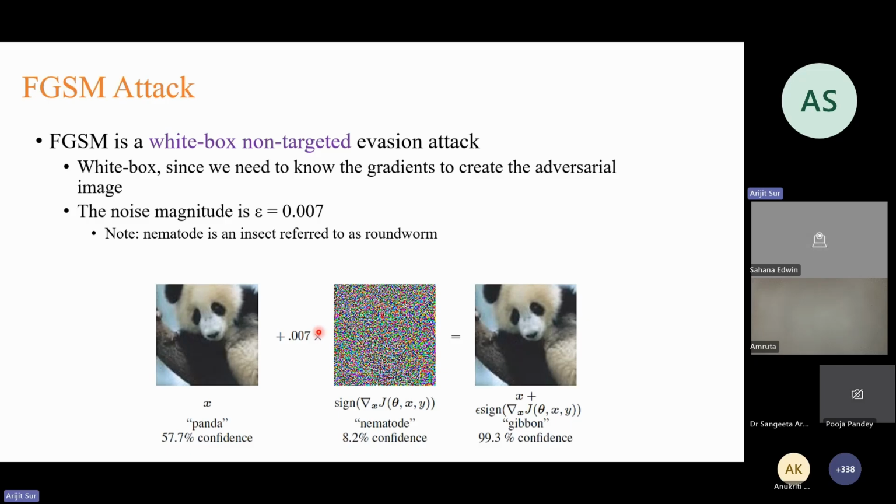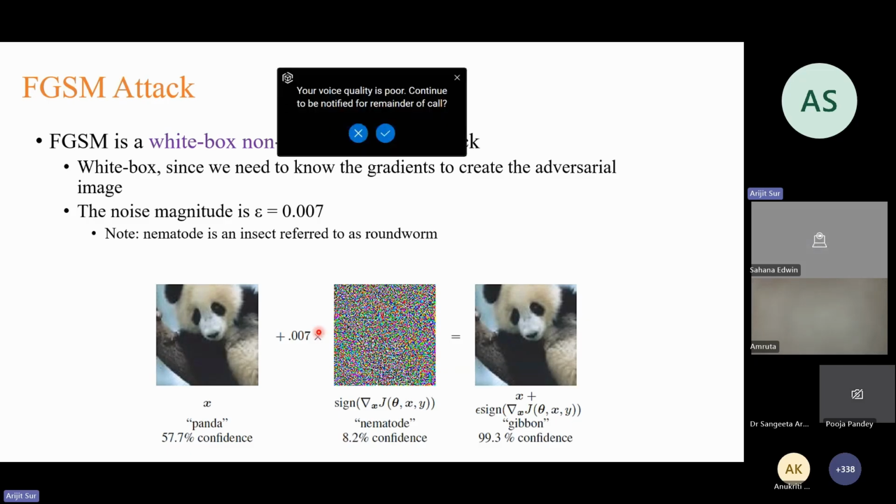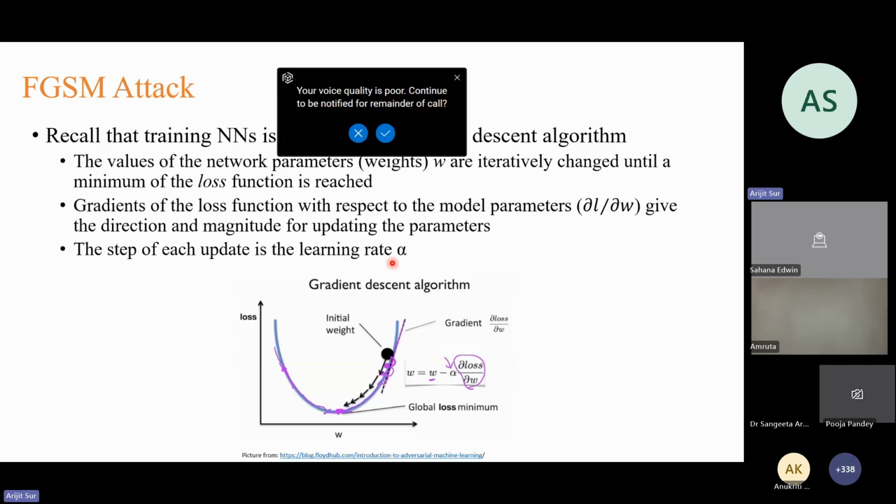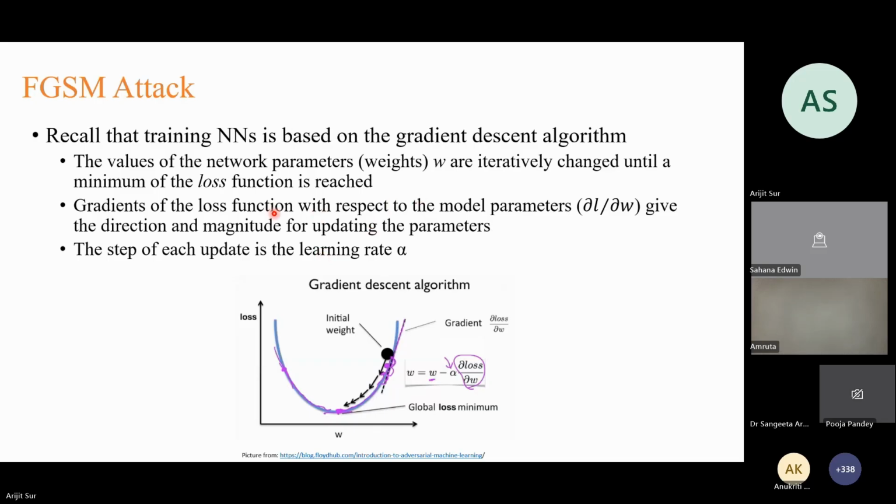We understand that this kind of thing has been added. But why? If we recall neural net training based on gradient descent, what actually happens there? The network parameters are iteratively changed until a minimum of the loss function is reached.